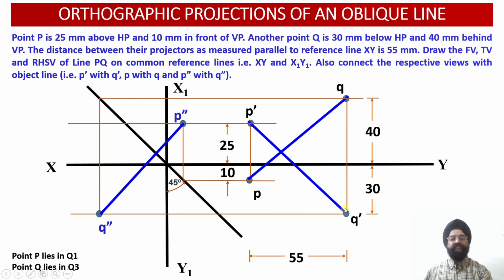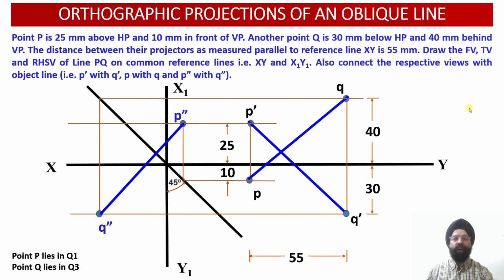The front view projections P dash Q dash have been obtained, and the top view projections PQ have also been obtained. So this way we have been able to obtain the orthographic projections of an oblique line in which the two ends of the line happen to lie in different quadrants.